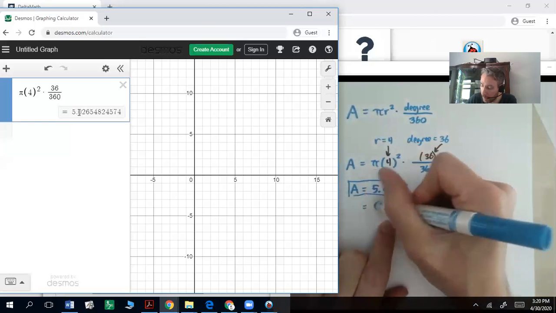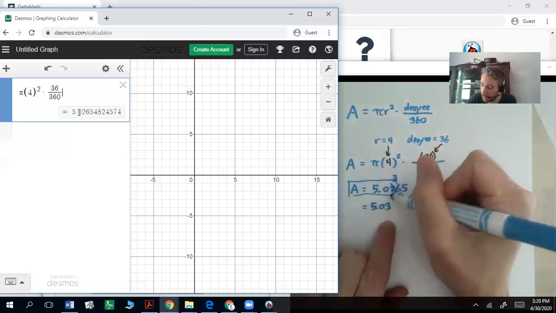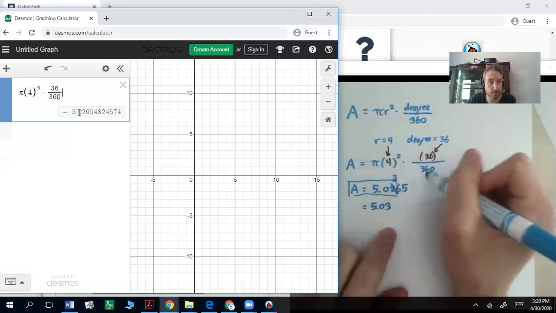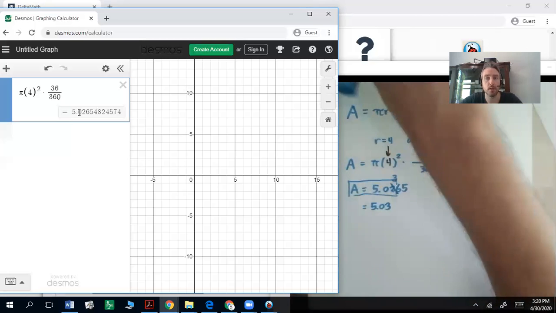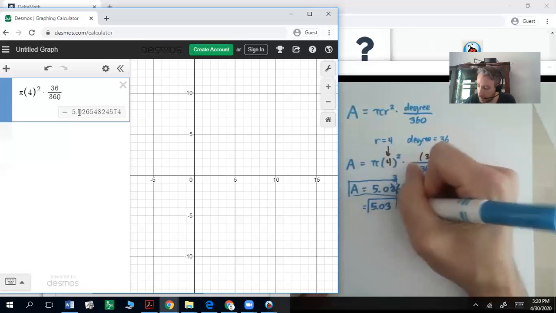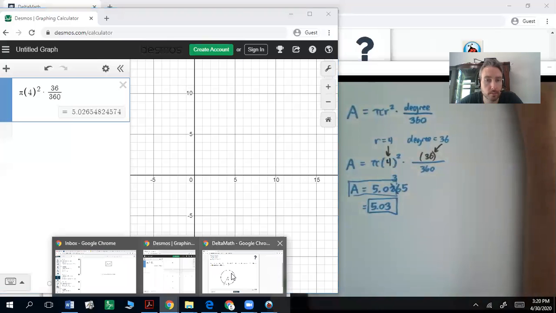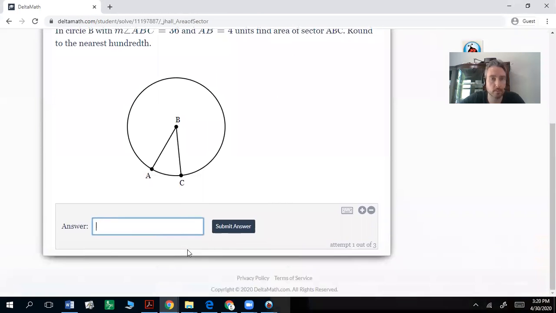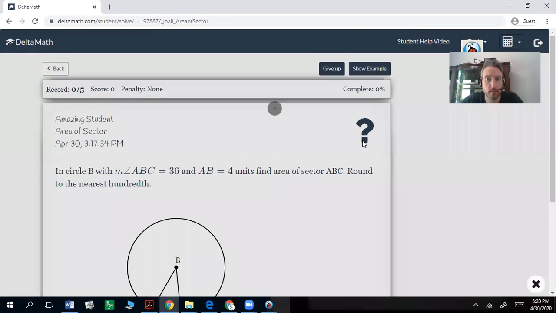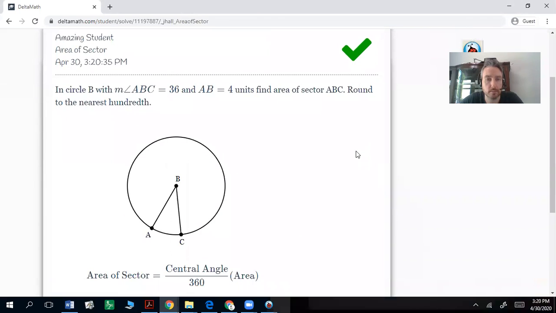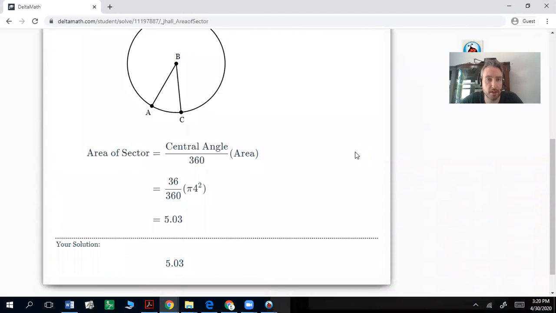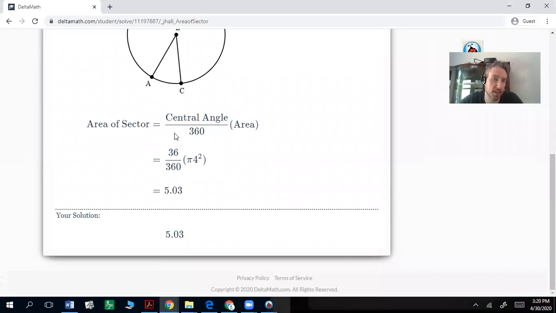So that answer should be 5.03. If that were 5.0245, you would leave it as 5.02. So that's your area, 5.03 units squared. Very nice. And it gives you the area. Now, it does it backwards. It does the angle over 360 times pi r squared, but it's the same thing.